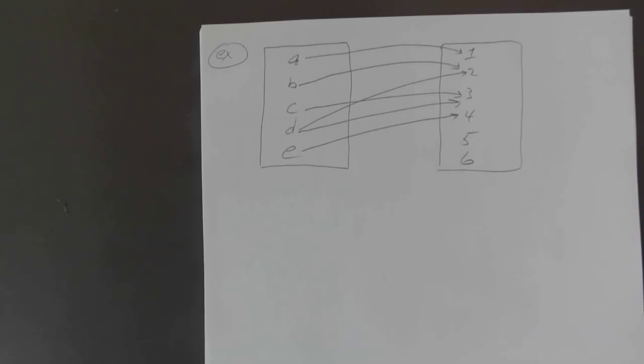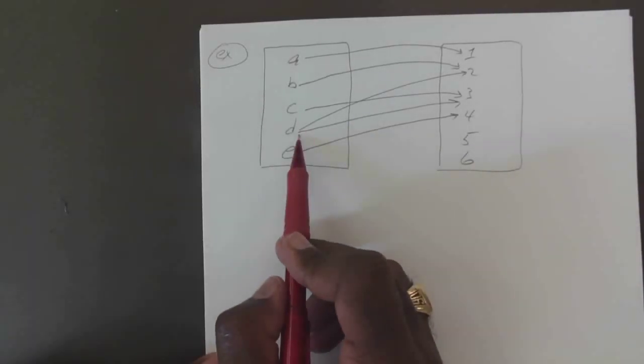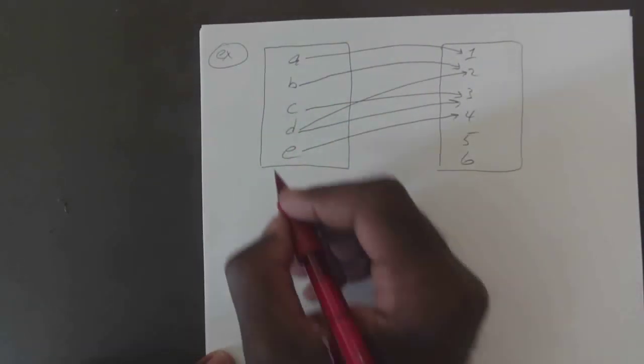Okay, so is this one a function? No. Nope, it's not a function. Whenever you can see your input having more than one arrow coming out of it, you automatically know it's not one.